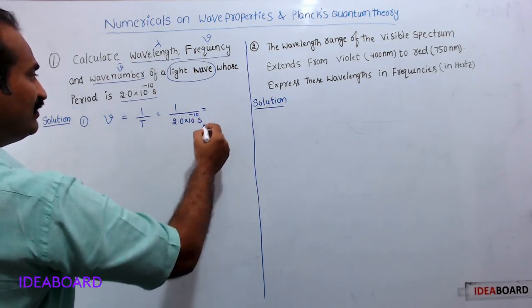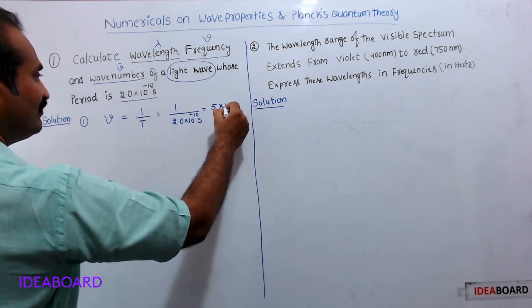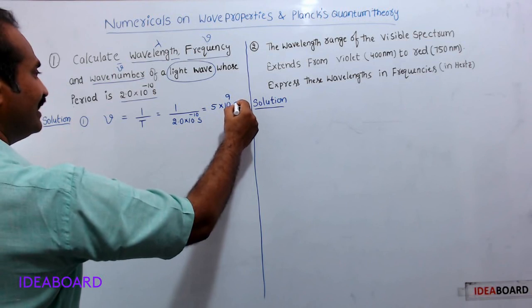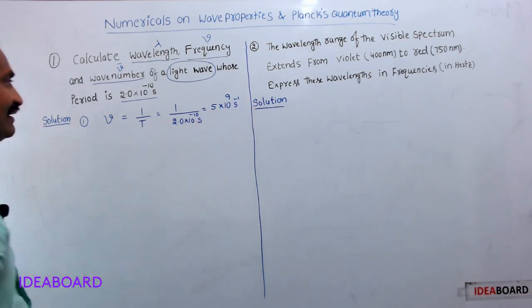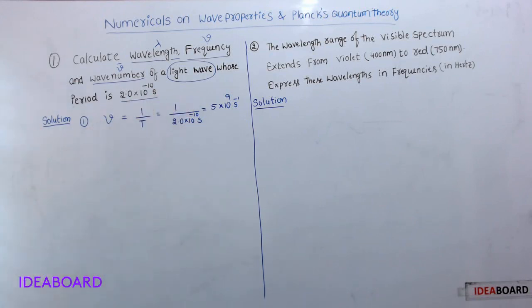Therefore 0.5 into 10 power 10, and after adjusting the decimal point, 5 into 10 power 9 second inverse. This is the frequency value.